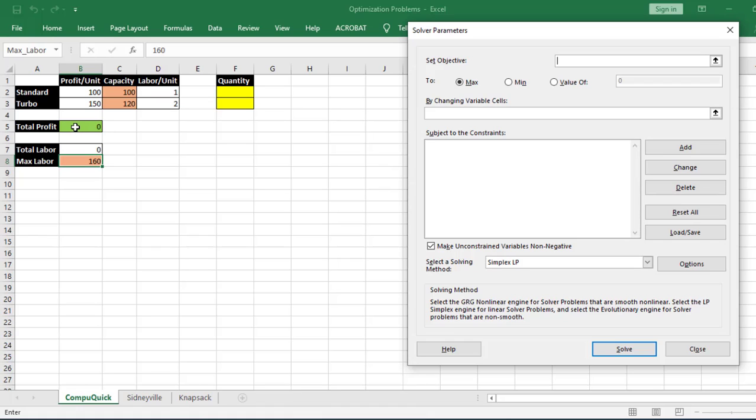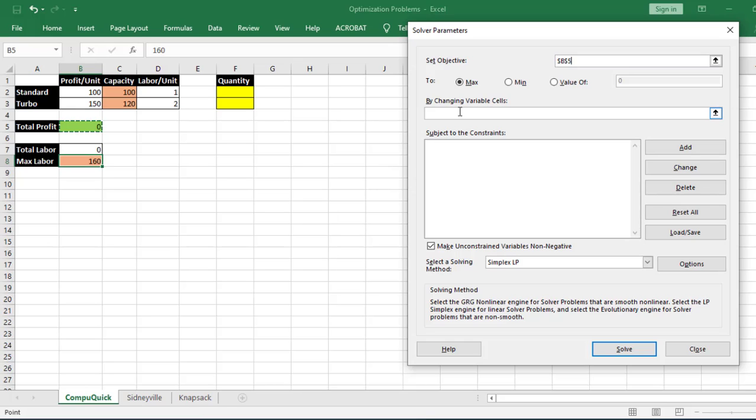So what I'm gonna do is to click here. If you click here, which is cell B5, you're gonna see the cell here. And then you have to specify that you wanna set this objective to a maximum, minimum, or you're gonna set some value. Now, in my case here, I'm gonna have the maximum of this objective, the maximum of this profit. So that's why I have to click on maximum. By changing variable cells, which variable cells?